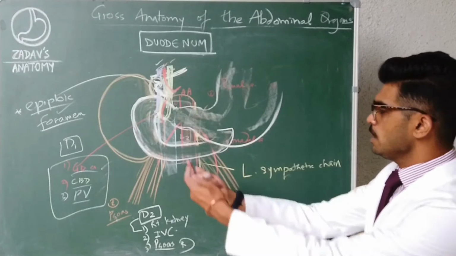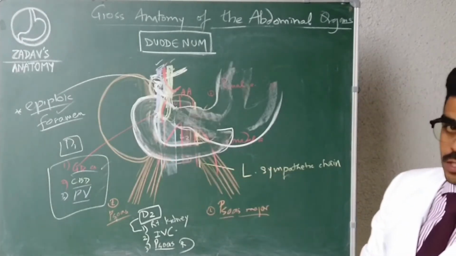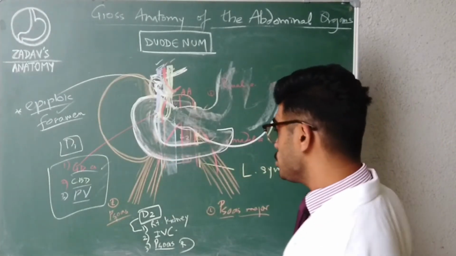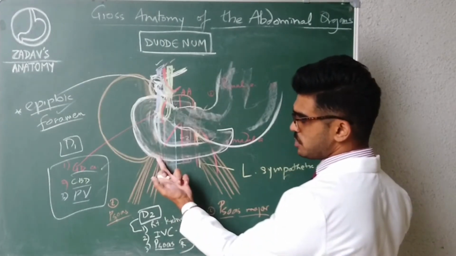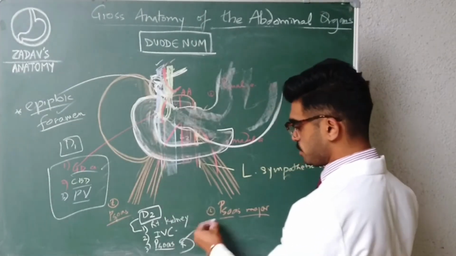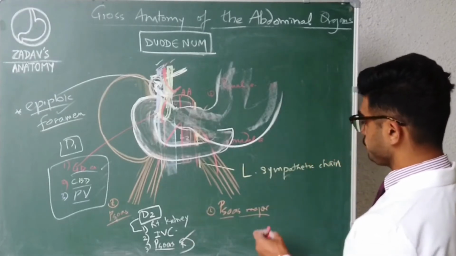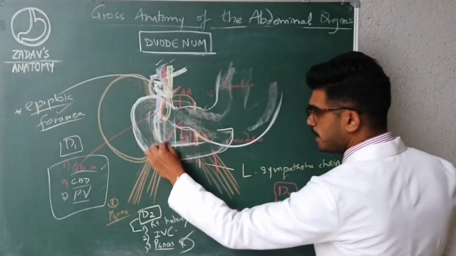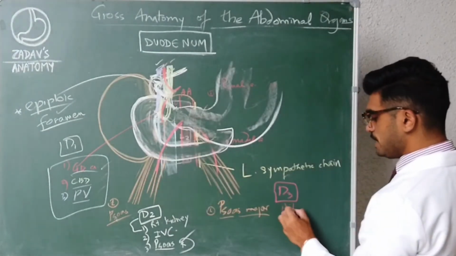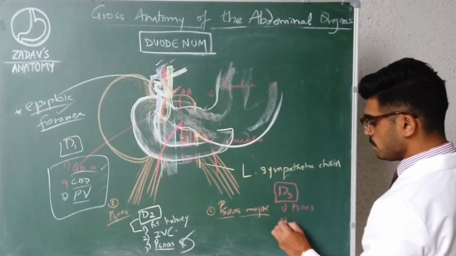Now, let's continue traversing and find out the posterior relations of the third part. The posterior relations of the third part are, again, right psoas major, yes, of course. Right gonadal artery, remember?